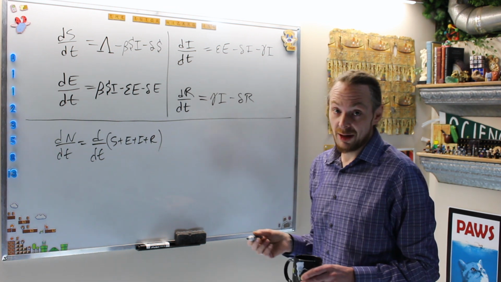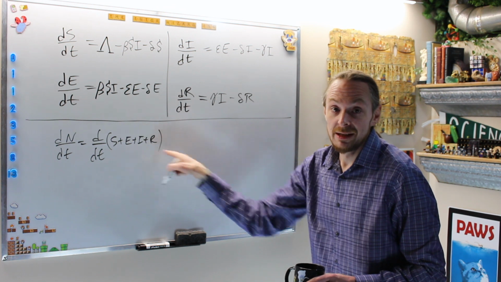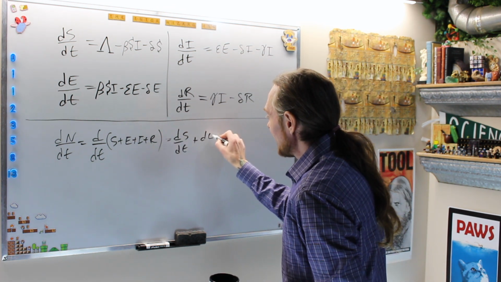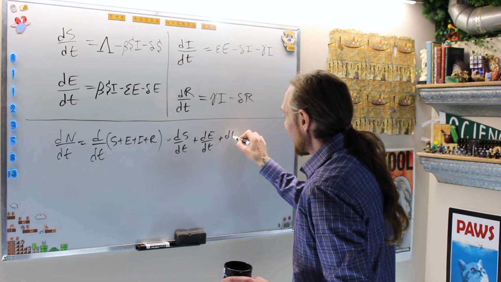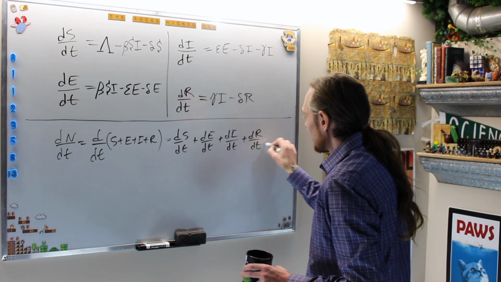Watch the other videos on linear operators or linear transformations. It is a linear transformation, so I can split the sum. So this is dS/dt plus dE/dt plus dI/dt plus dR/dt.